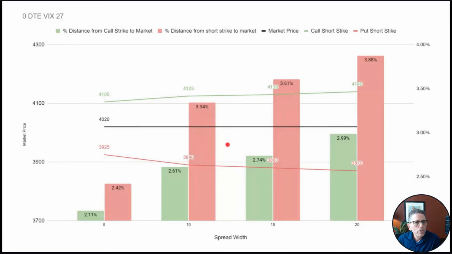Same case though, from 5 wide to 10 wide, it gives you a huge amount of difference here. And then you get diminishing returns from your 10 wide to 15 wide to 20 wide.